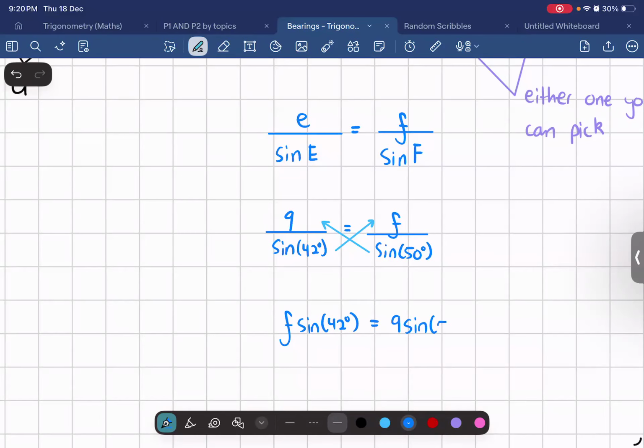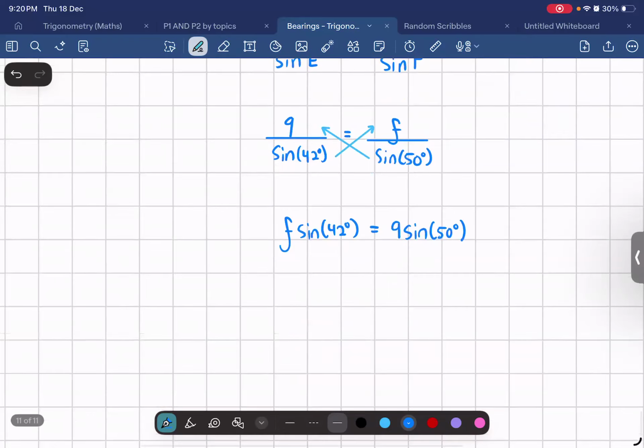Yep, 9 sine 50 degrees. Nice. So what do we want to find in this equation? f. If right now f is being multiplied by sine 42, what's the operation? Multiply, so we're gonna divide by sine 42. Great. You have to do the opposite operation to cancel it off.